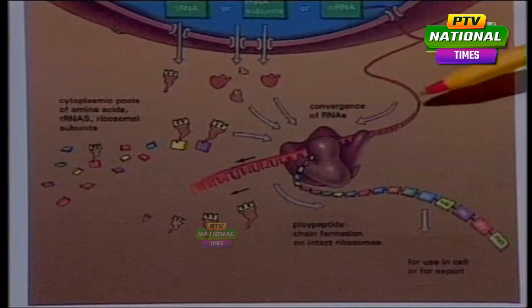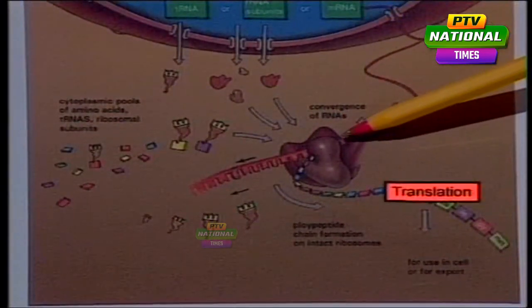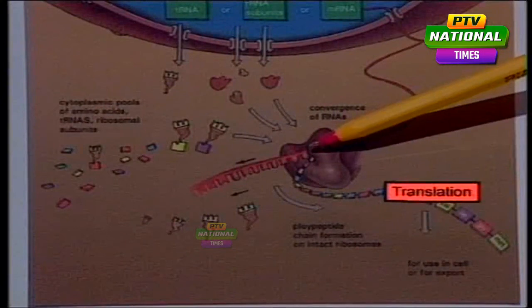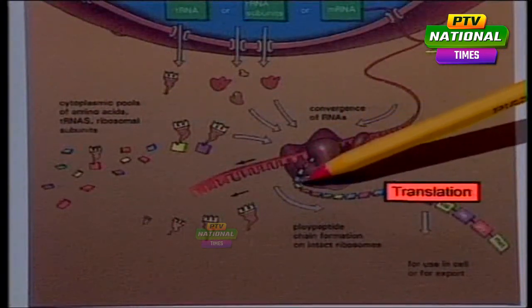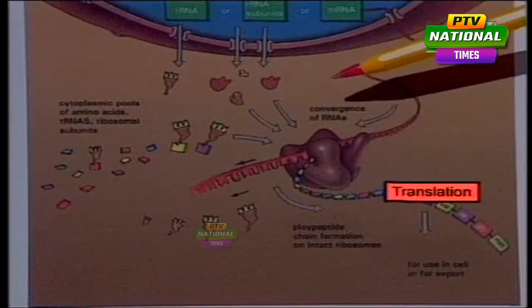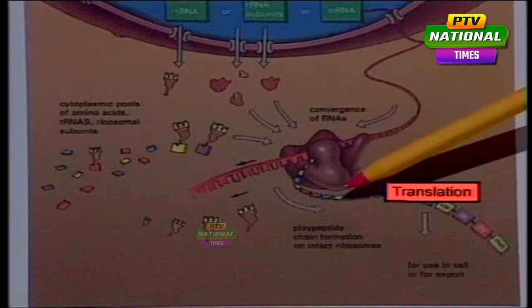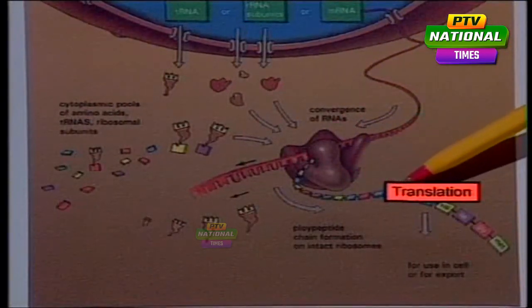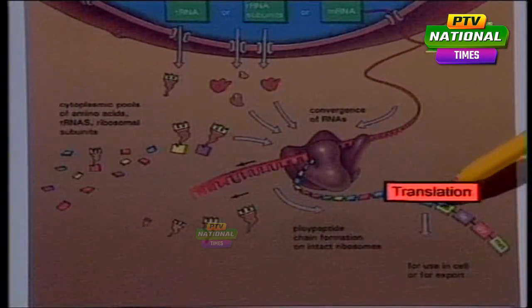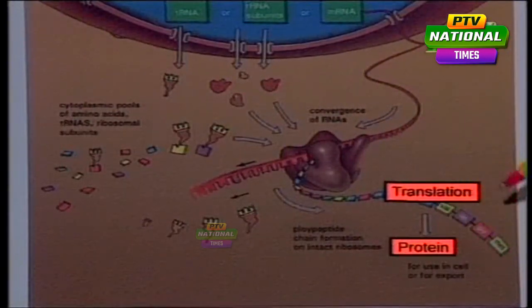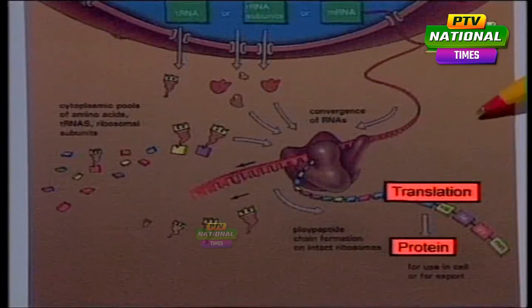Now here, the messenger RNA is read and translated into various amino acids, which then eventually produce protein molecules after binding with each other, forming the polypeptide chains. Now, these protein molecules are either utilized within the cell or released to produce the desired effect.